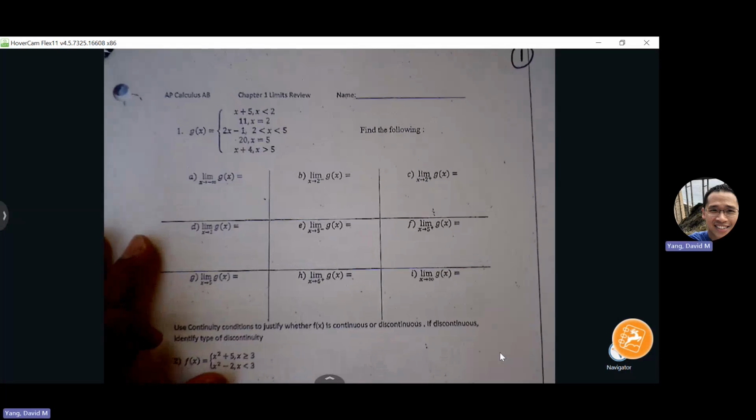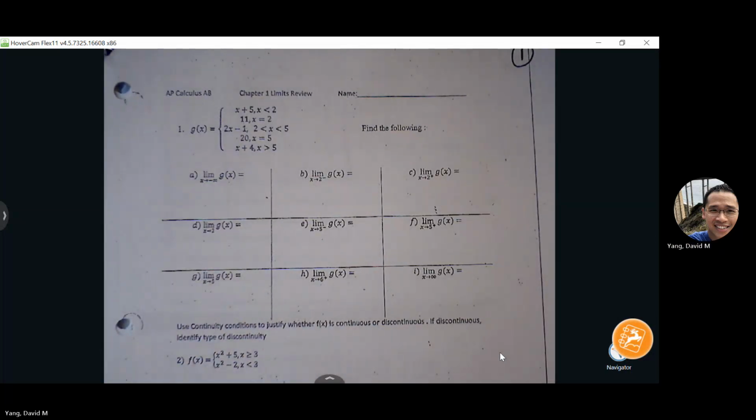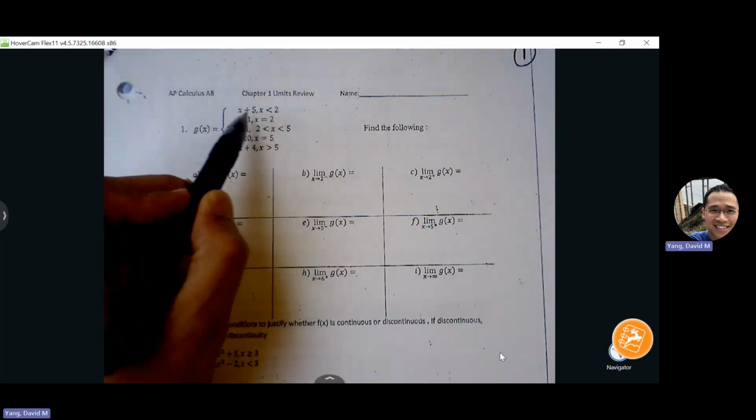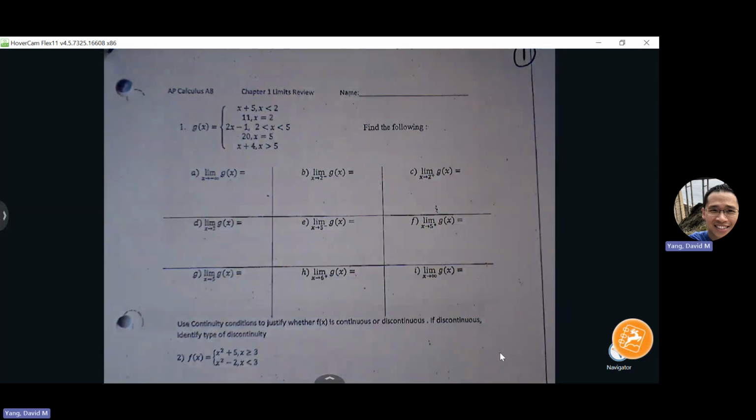All right. So let's look at page 1 here. Now, this is a piecewise function. So we have either different branches of graph, or we have ordered pairs all spread out across this graph, this function g of x, made up of different points and lines and segments.